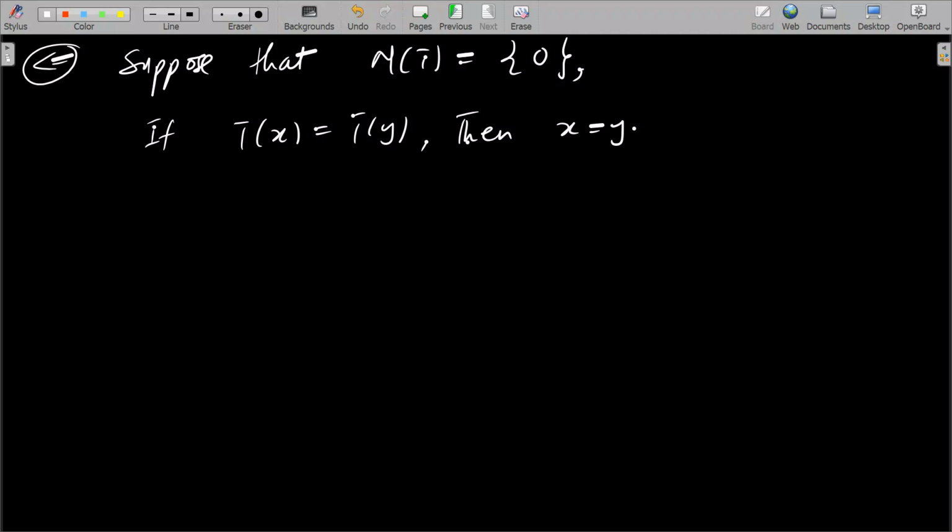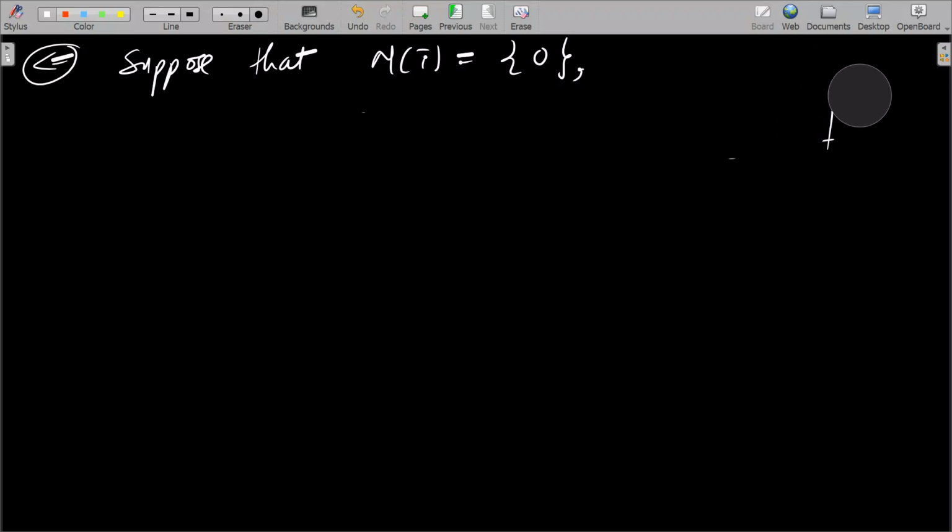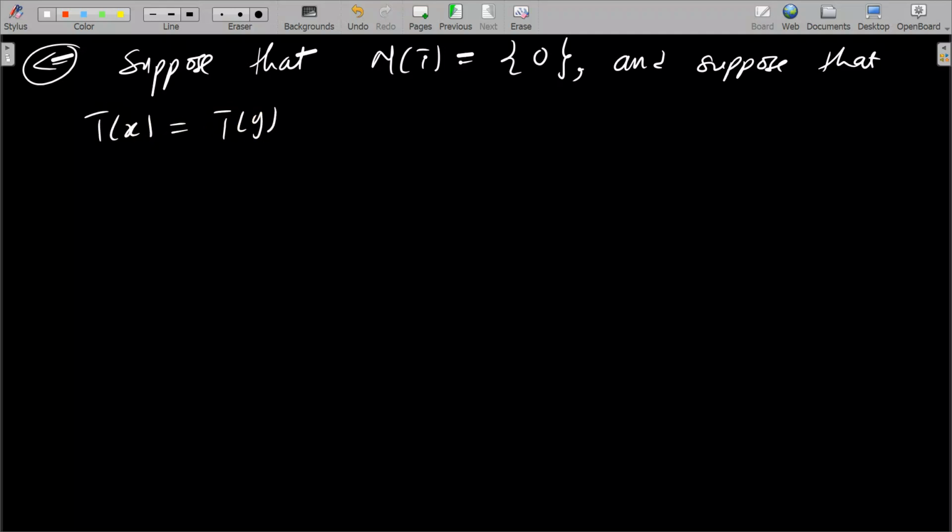For a function f, if f of x is equal to f of y, this will be 1 to 1 if x is equal to y. So we want to show that if T of x is equal to T of y, then x is equal to y. Suppose we know that T of x equals T of y. We want to be able to show that x is equal to y.